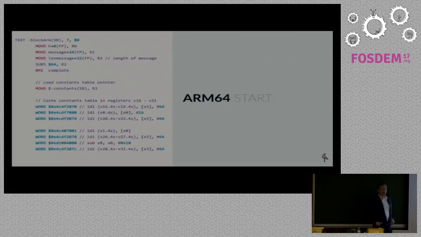So the first instruction fetches a pointer to where the digest is. And the second line fetches a pointer to where the message is, and then the length of the message is read in the third statement. So it's another 8 bytes further than the already 24 bytes, which points into the second slice that is being passed in.